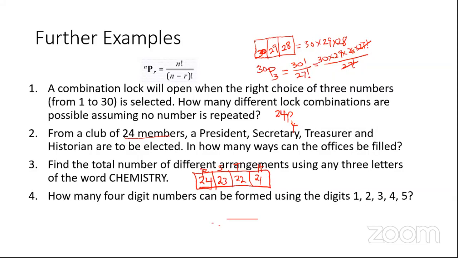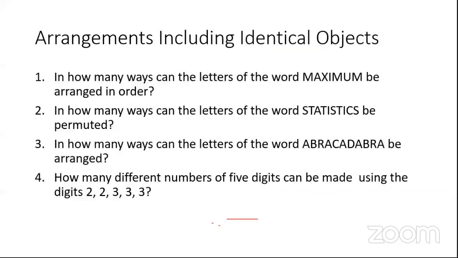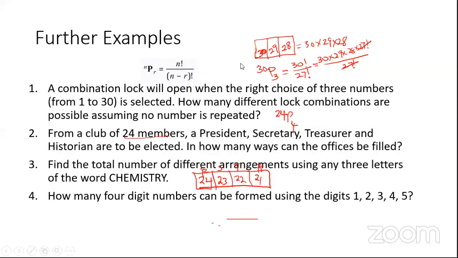So we have 9 letters. How do we do that? 9 permutation 3. Yes, you are right. Since we have 9 letters, we want to arrange 3.